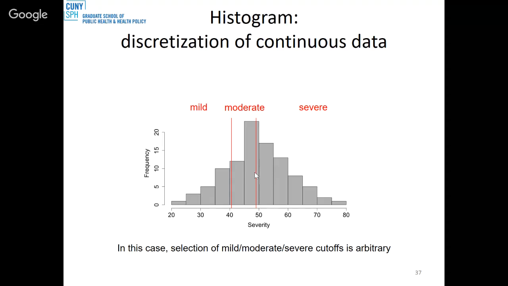So there is data lost when you discretize that data, but the gain can just be the ease of presenting it and of just describing it and so on.